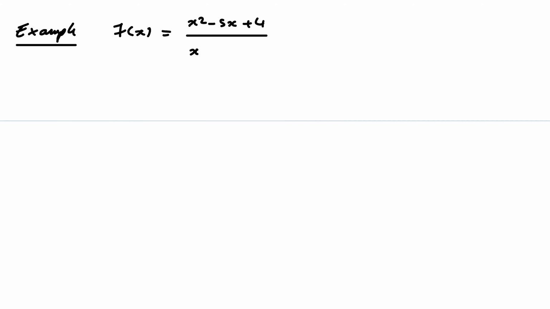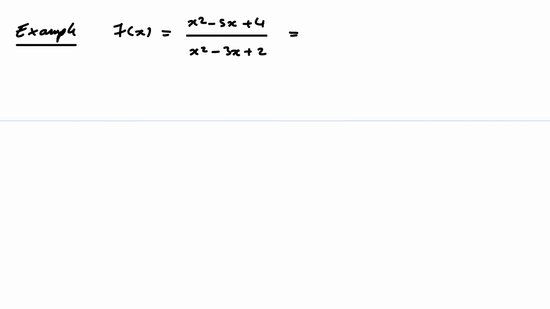So, example. We'll do one where all the factorizations are easy. Let's imagine I give us f of x is equal to x squared minus 5x plus 4, all divided by x squared minus 3x plus 2.